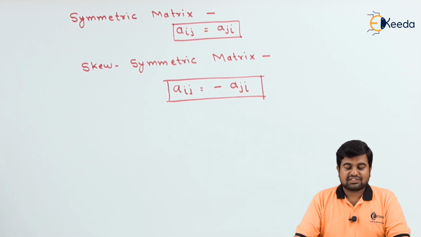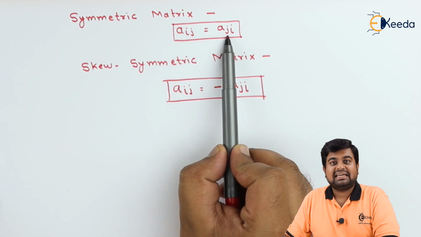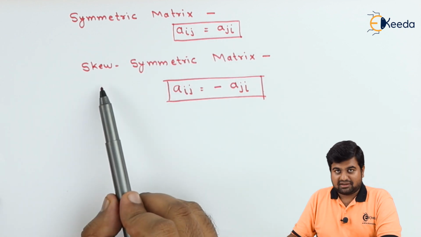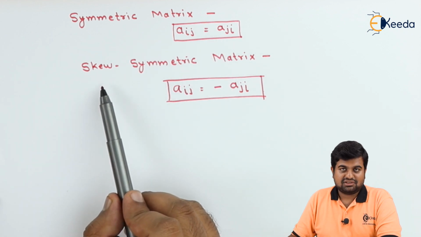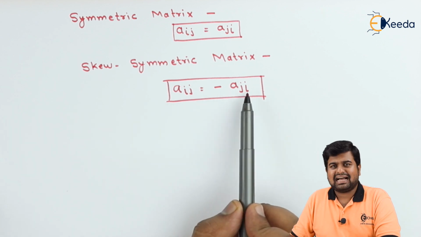In symmetric matrix, any element Aij is the same as element Aji. But in skew symmetric matrix, it is the negation of the same: Aij is equal to minus Aji.